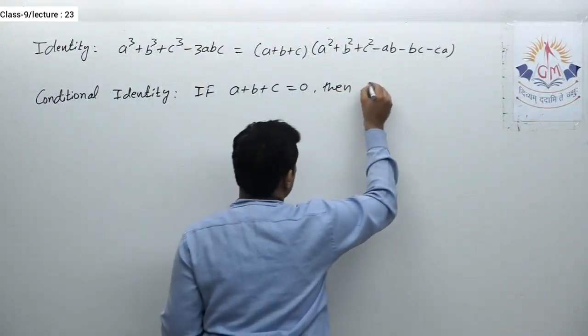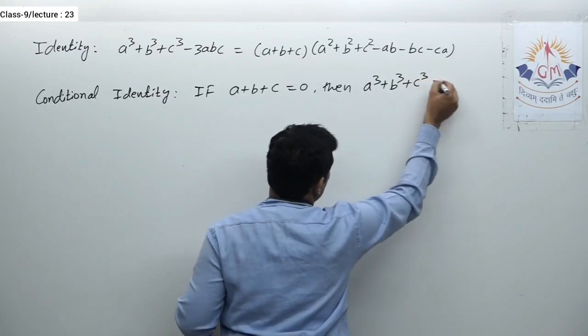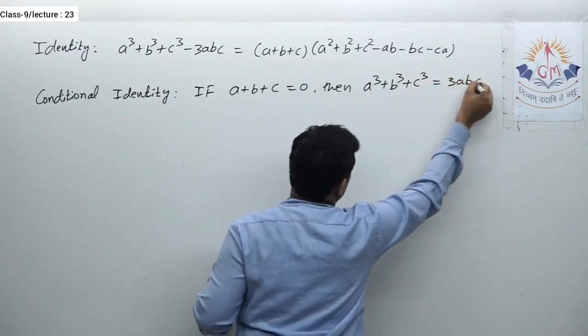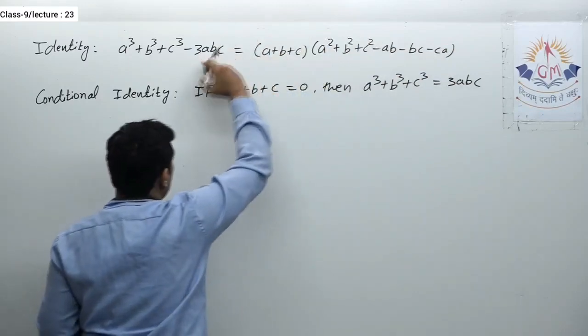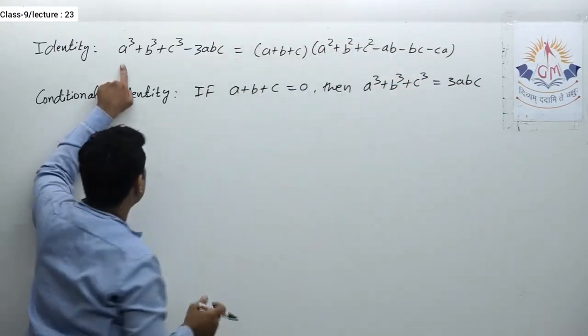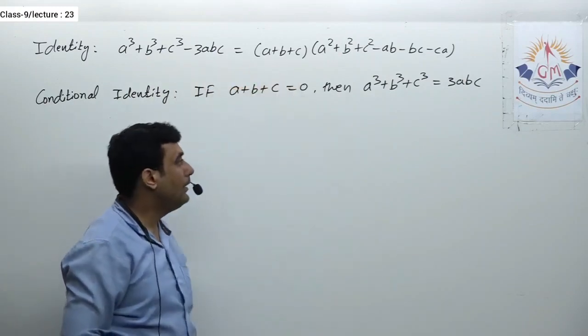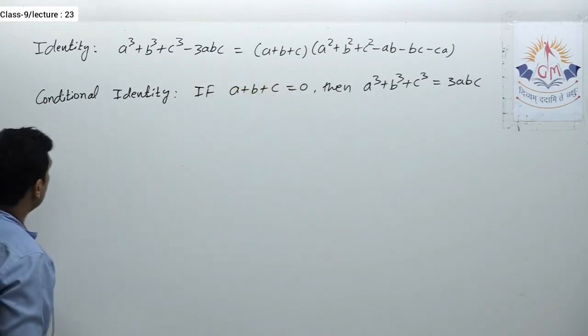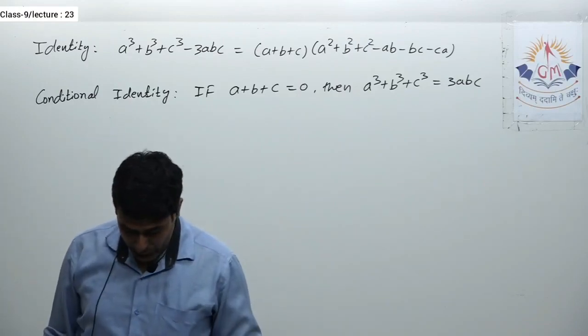So in that case I can say a cube plus b cube plus c cube is equal to 3abc, isn't it? This right hand side will become 0, and if I take this 3abc on that side, then I can say a cube plus b cube plus c cube is equal to 3abc. Okay, so these are two identities noted down. Then we'll see questions related to these two identities.